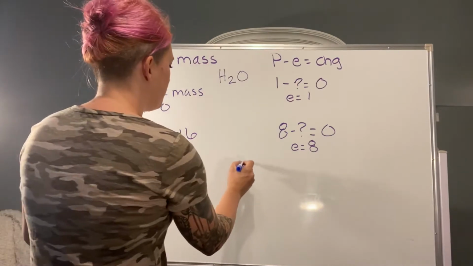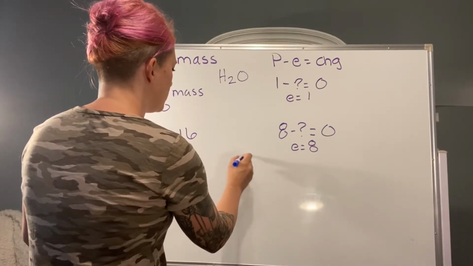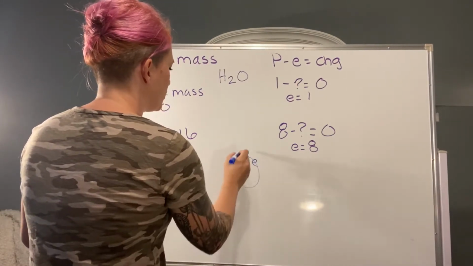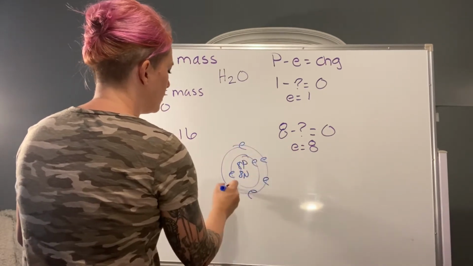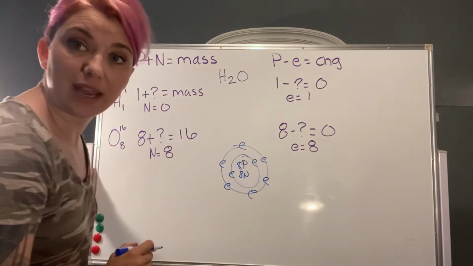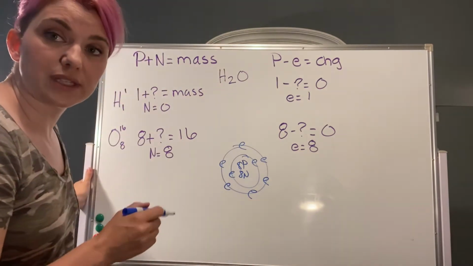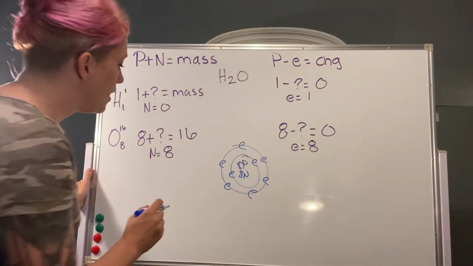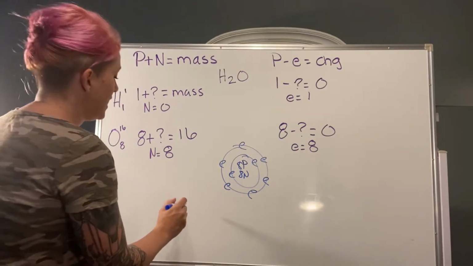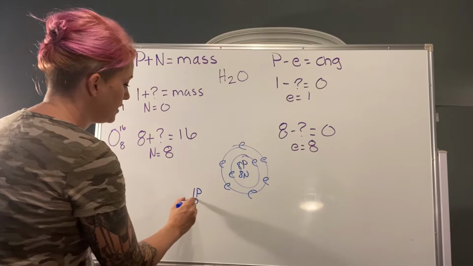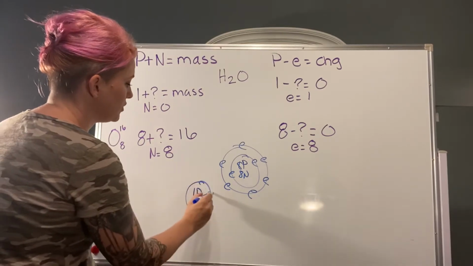So first I'm going to start with the oxygen. That has 8 protons and 8 neutrons, and it has 8 electrons. So there's 2 on the first shell, and 6 on the next shell. So this guy needs 2 to be happy, right? And then we have our hydrogen atoms over here on the side, with 1 proton, 0 neutrons, and just 1 electron.